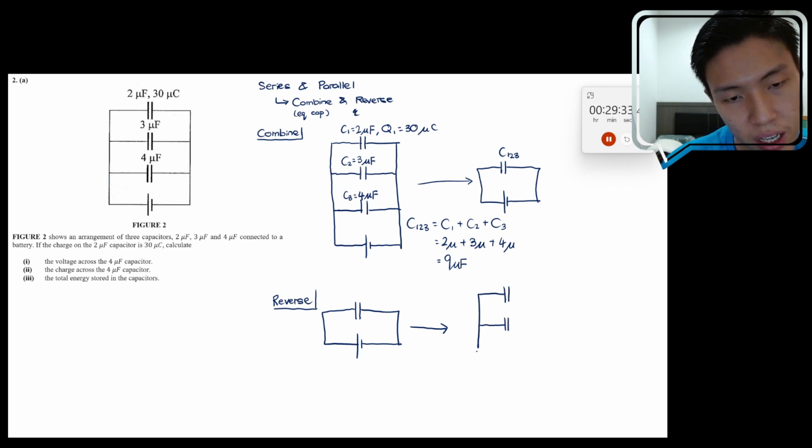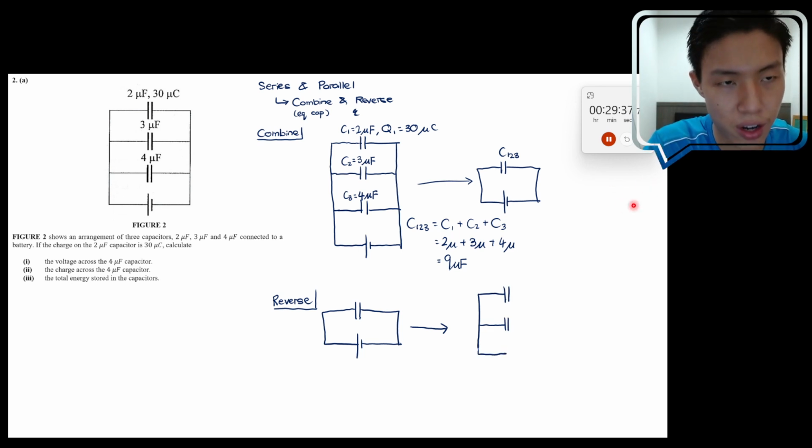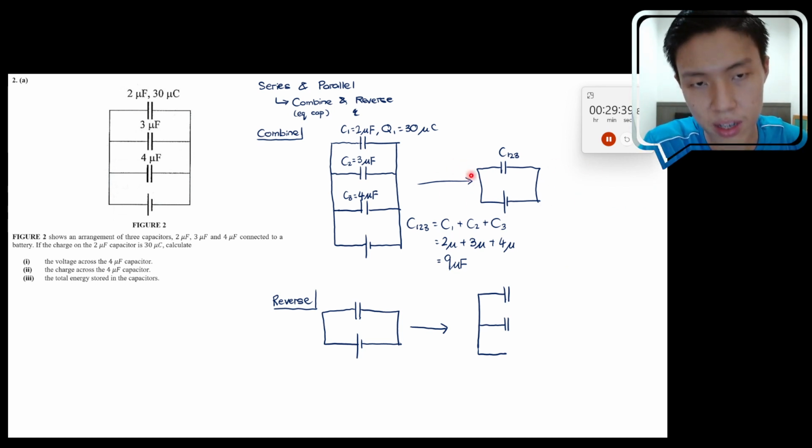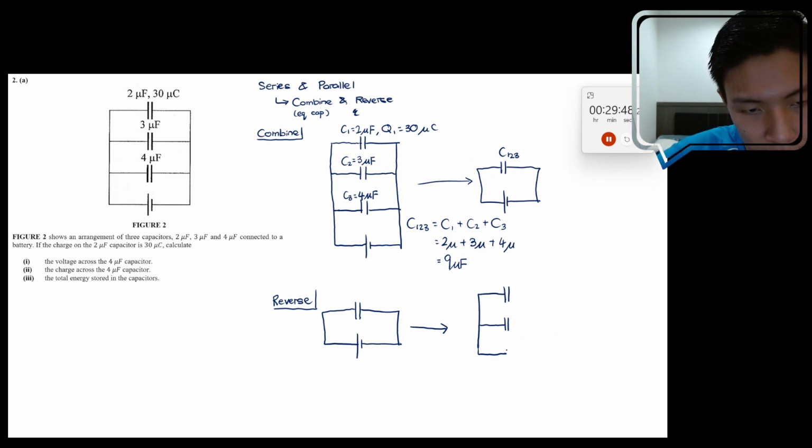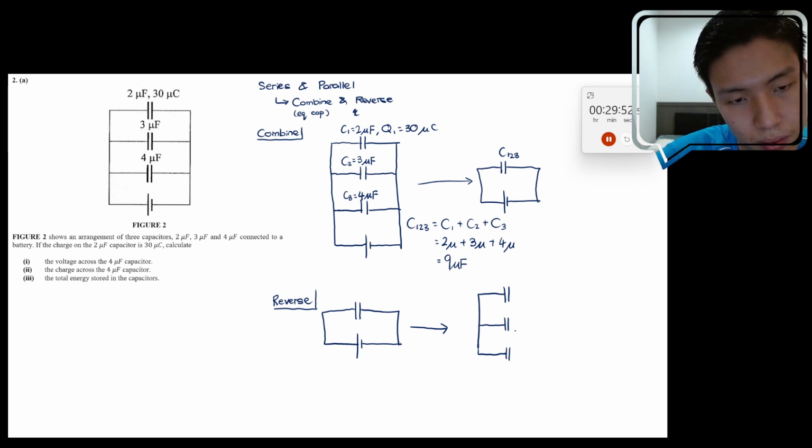If there are 3 diagrams, you have to reverse sequentially, meaning you move from the rightmost diagram to the second rightmost diagram to the third rightmost diagram, slowly moving to the leftmost diagram. But since there are only 2 diagrams over here, you just flip the order. Okay. So, battery.